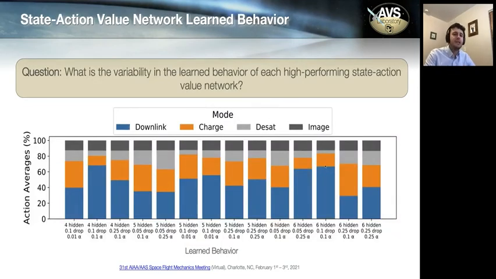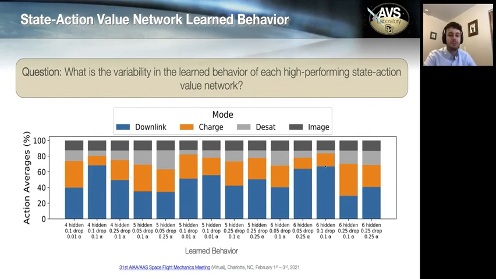We also wanted to examine the learned behavior and see what the variability in this learned behavior was across high-performing state action value networks. And what we found was that each agent spends about the same amount of time charging, meaning that it's kind of maxing out the amount of data it can put in the data buffer. But different agents spend different amounts of time trying to downlink.